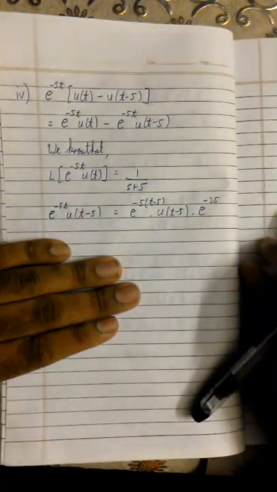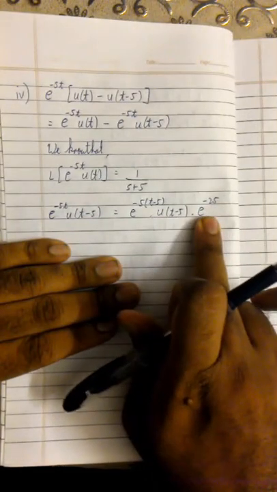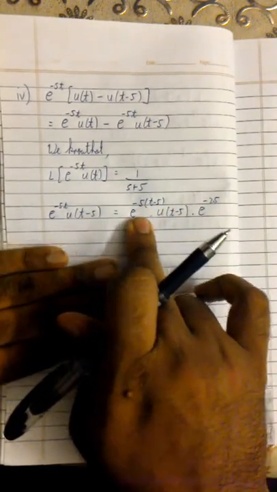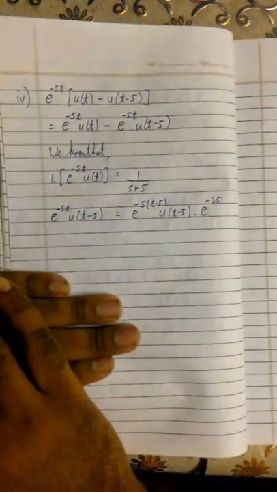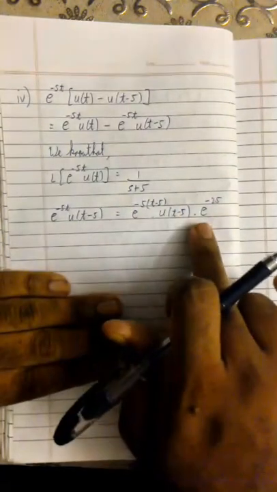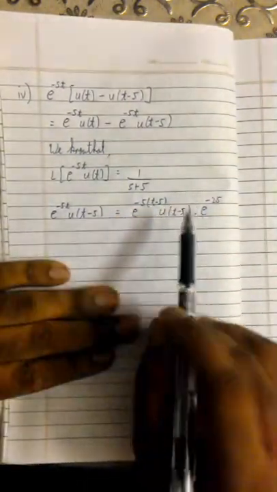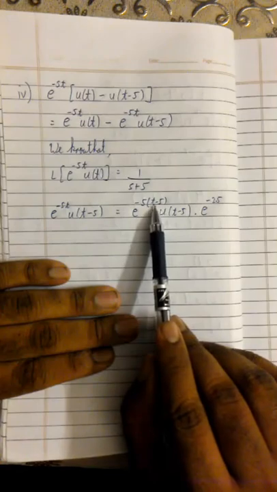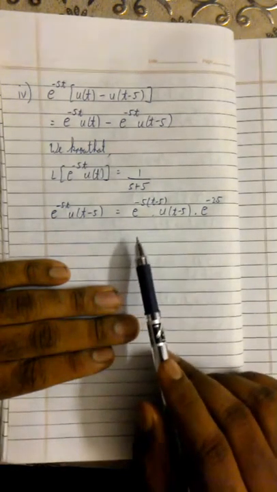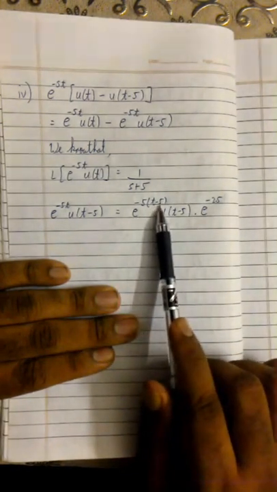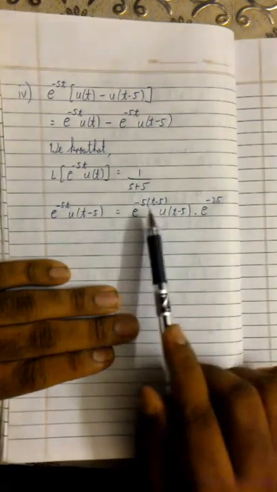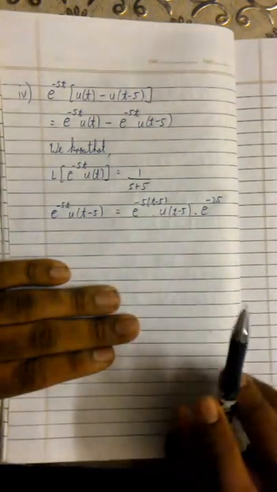If you calculate e raised to minus 25 into e raised to minus 5 times t minus 5, you will get the original expression. The reason I made this expression is because I want to introduce t minus 5 in the power also. The t must not be alone, it should have a t minus 5 term anywhere. Then only I can apply my time shifting theorem.